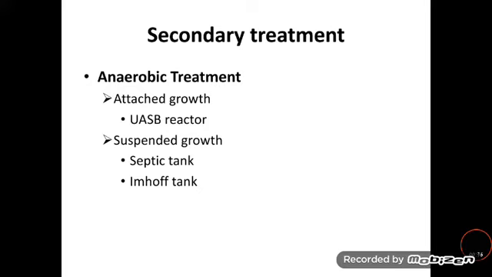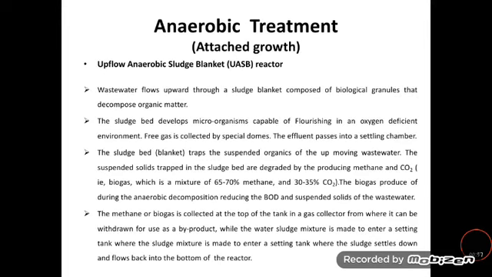The microorganisms involved in this process may be attached to a medium or suspended in the wastewater to decompose the organic matter present in the wastewater. The example for attached growth is the UASB reactor, that is, the upflow anaerobic sludge blanket reactor.